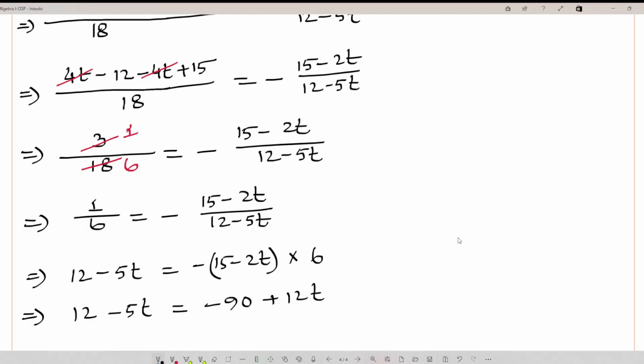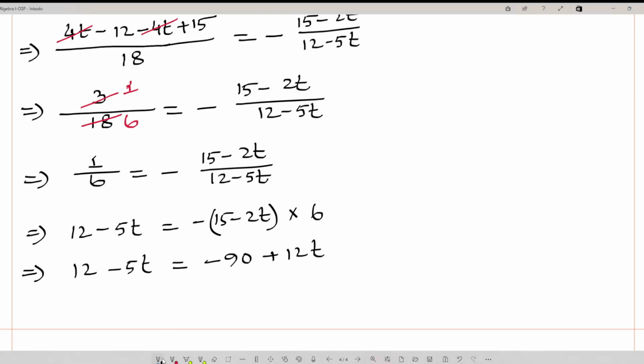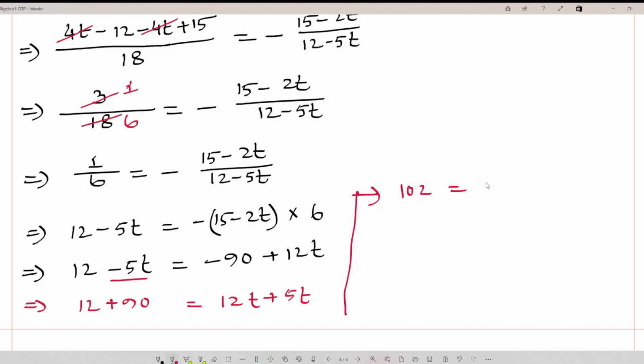Then we can write, now we can transfer something left side to right side, like here is 12 and minus 90 becomes plus 90, and here is 12t and minus 5t becomes plus 5t, okay? Then here is 102 equals to what? Here is 17t, okay?